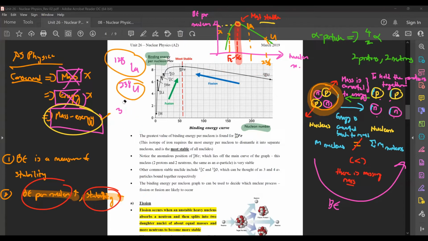Now, apart from this general shape, the actual binding energy per nucleon graph has 3 peaks. You will have one peak here, a second peak here, and a third peak here. That's what you're looking at over here. Those peaks belong to your helium nuclei, carbon nuclei, as well as your oxygen nuclei.